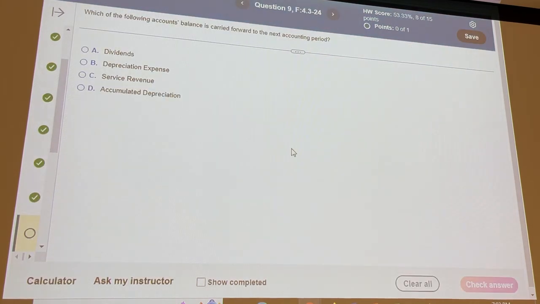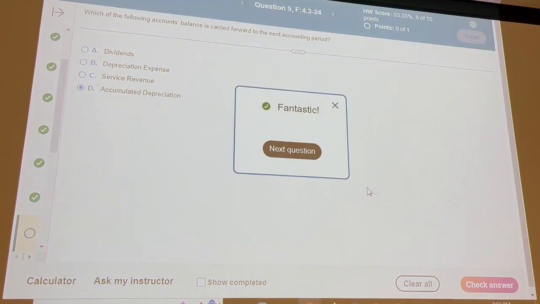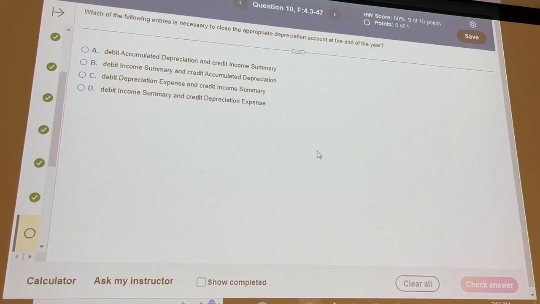Which of the following accounts balance is carried forward to the next accounting period? Accumulated depreciation. Yeah, good, accumulated depreciation, that's a balance sheet account, so it would be carried forward. Which of the following entries is necessary to close the appropriate depreciation account at the end of the year?